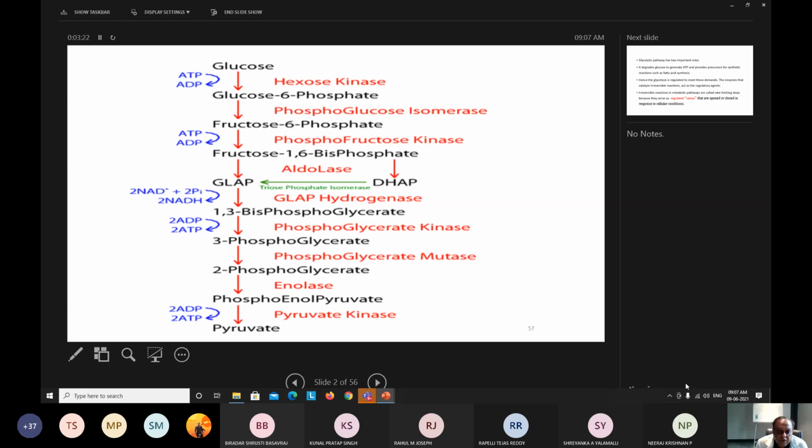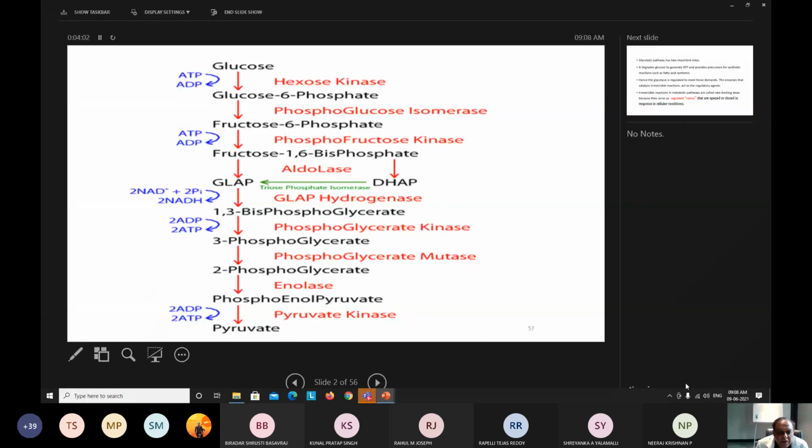We are seeing at one glance how glucose is getting converted into pyruvate. It is divided into 3 phases. One is the initial phase or investment phase, where there is the use of ATP. Then where fructose 1,6-bisphosphate is converted into glyceraldehyde phosphate, that is referred to as the splitting phase.